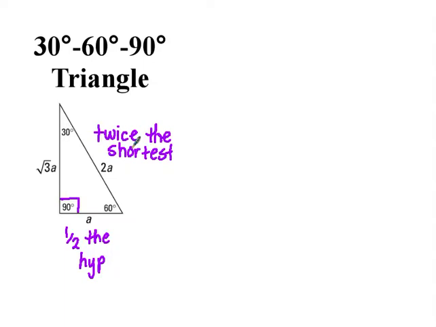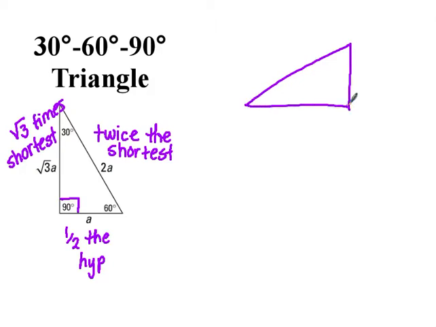And the side opposite 60 is always root 3 times the shortest side. Now you have to file those to memory. Yeah, we'll look at an example. You just need to make sure you file that away. And I know we looked at a ton of these because I remember we made flashcards. You made flashcards with all of these.